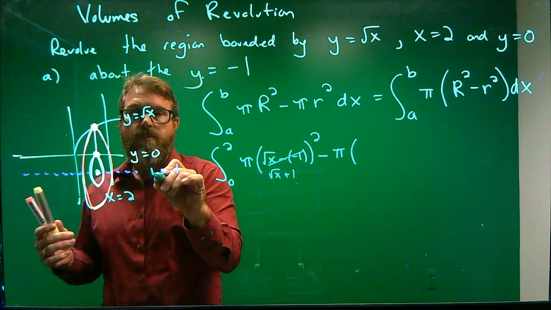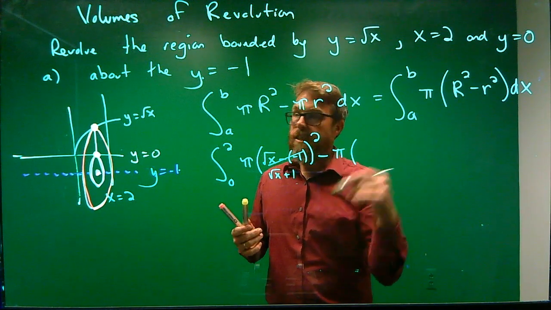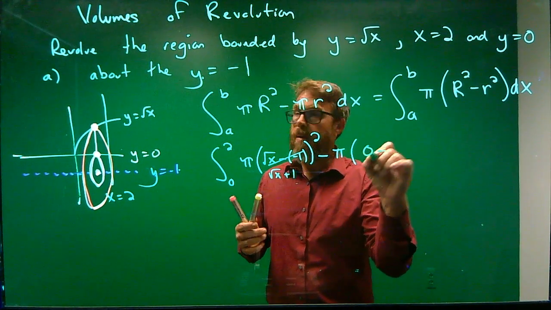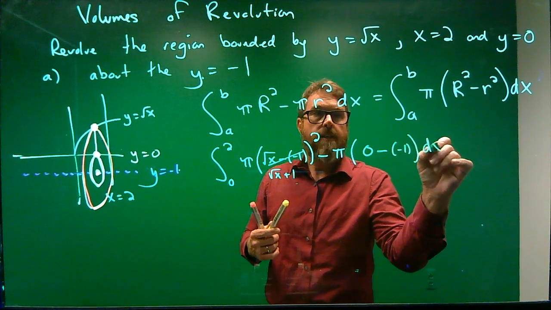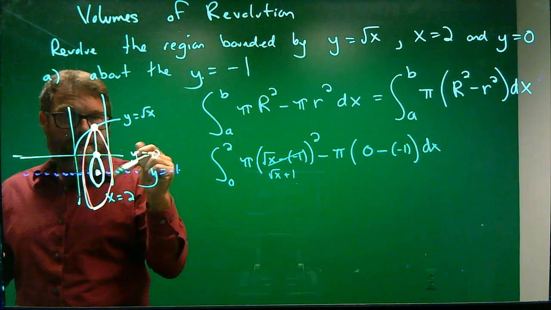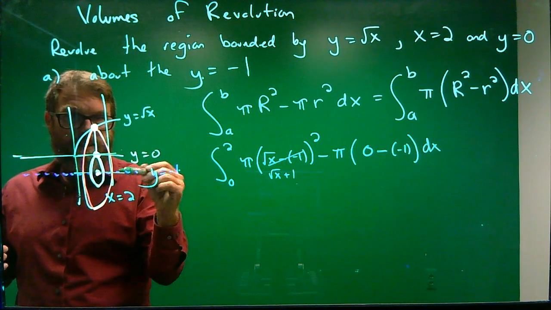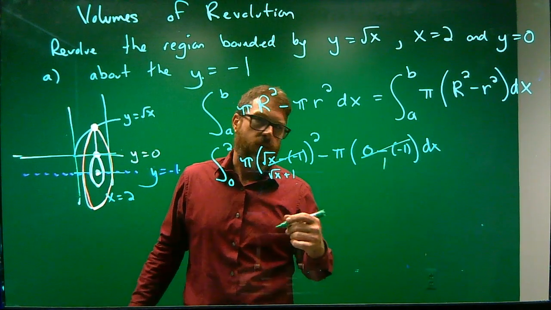So this would be y equals -1. So this is going to go from y equals 0, so this will be 0 minus this y, which is equal to -1, and this is going to be dx. What we can really verify here is that as you slide through, this disk's radius is not going to change. I can tell that its radius is 1 every single time.